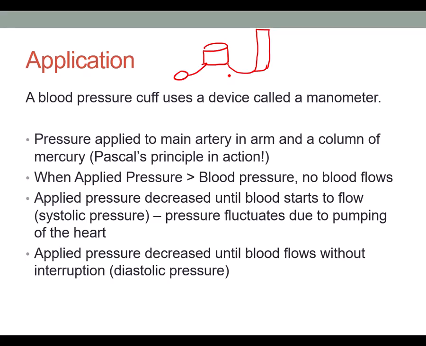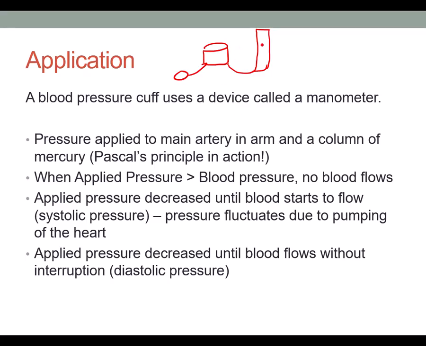And eventually, as your heart beats, you're going to start seeing fluctuations in the pressure applied here, because you've got blood starting to flow. So it's getting a little bit looser and tighter as your heart beats. But because the pressure in this cuff has to be constant with everything else in the system, that's going to cause the mercury in here to fluctuate up and down.